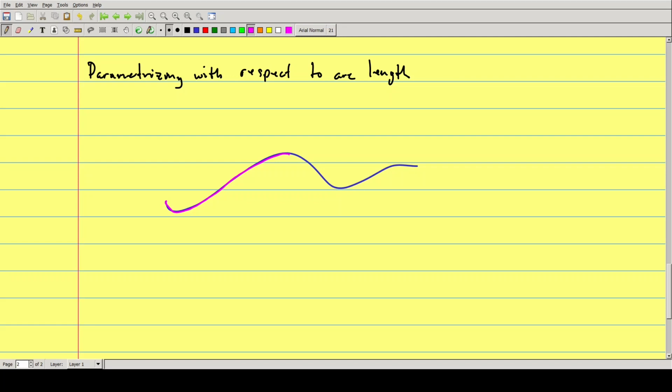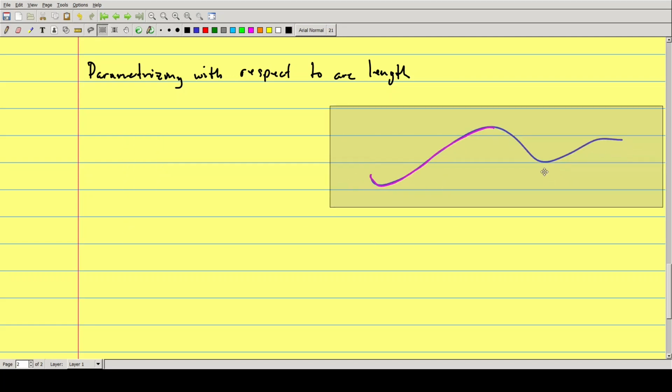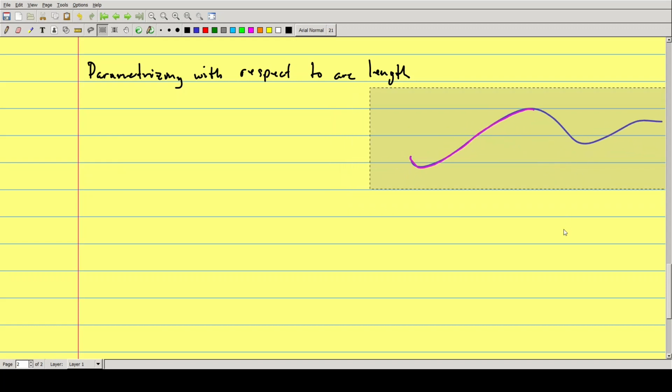Okay, the way that we would define something like that is by defining an arc length function.